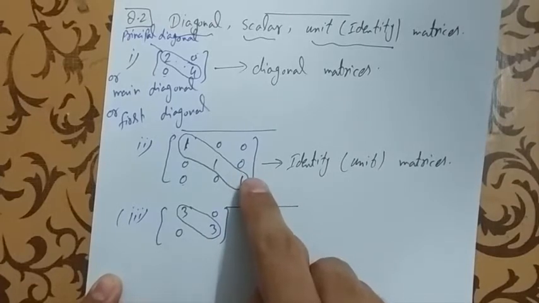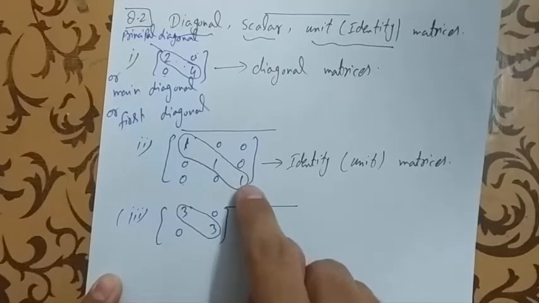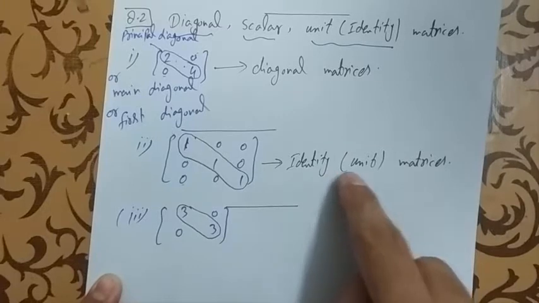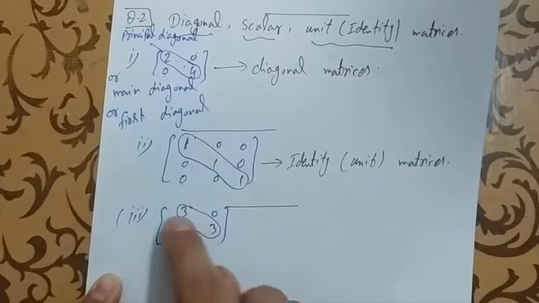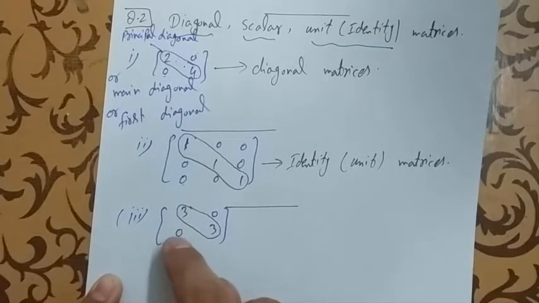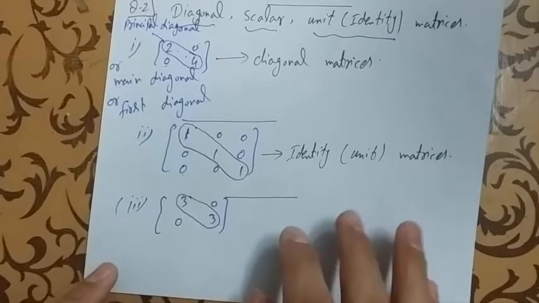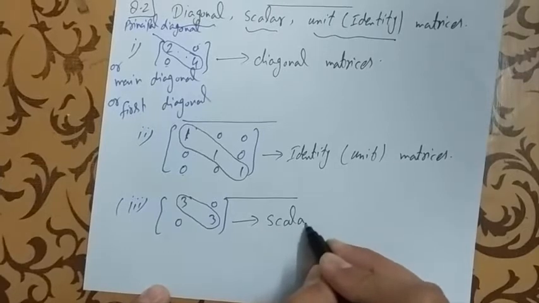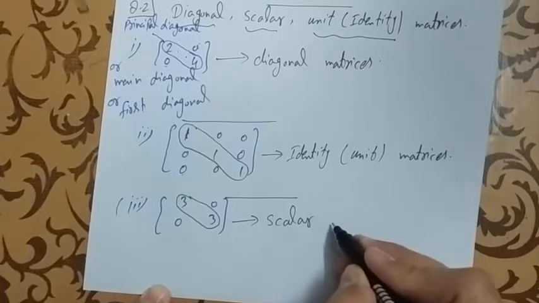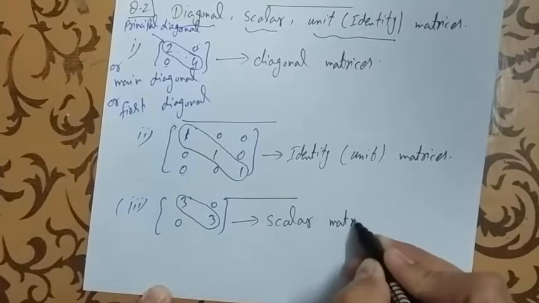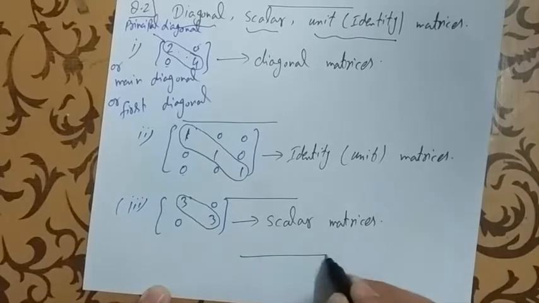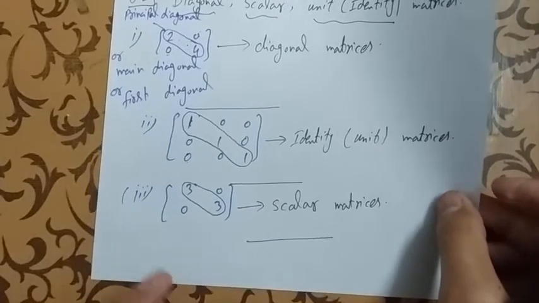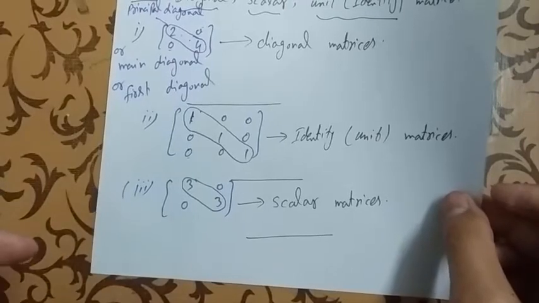If this were equal to 1, then we would say it is an identity or unit matrix. If all the entries are the same but other than 1, we can say this is a scalar matrix. We already studied these things in the previous lecture. Students, you have to do the remaining parts of this question.